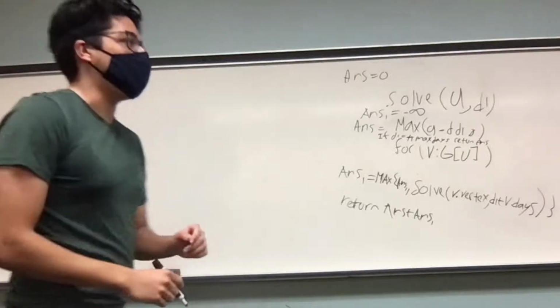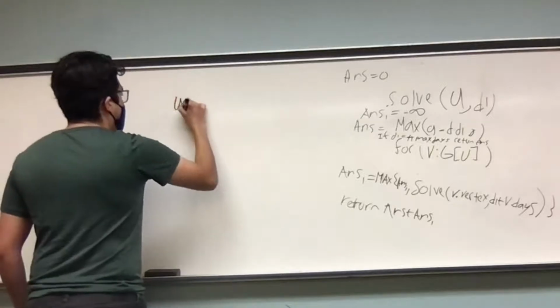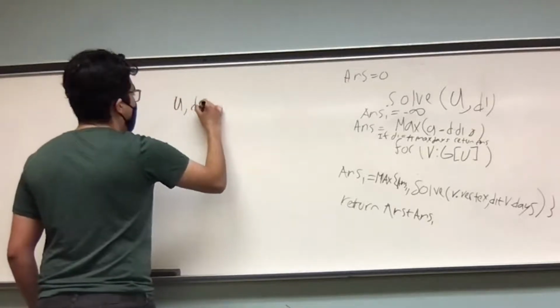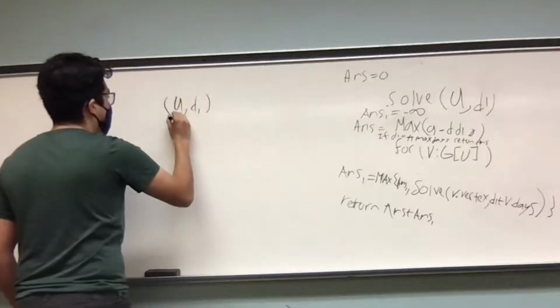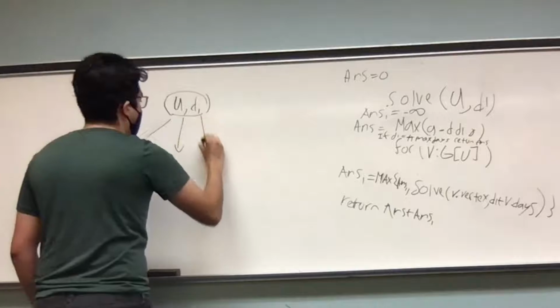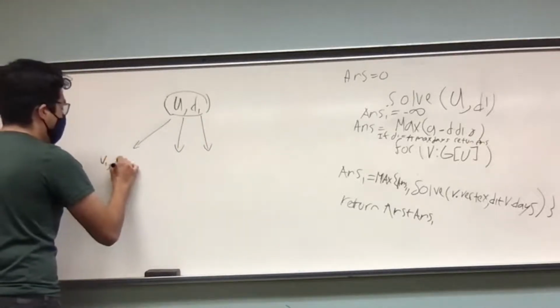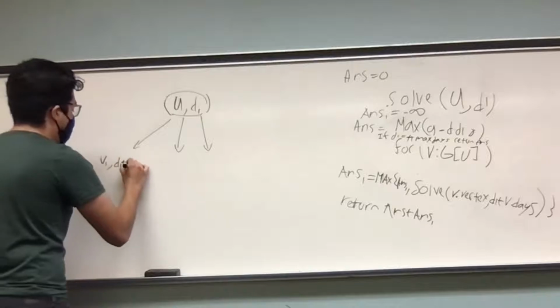So I'll start writing the recursive solution. Big O times, right? But that would be constant. N to the end?